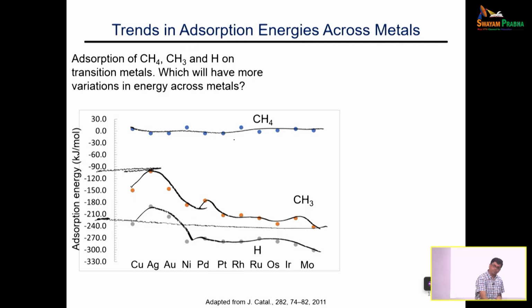No, I mean, I'm asking why is this a flat line almost, and why is there a big variation in this? I'm not talking of individual metals. Why do you see a variation in one case versus in the other you don't? CH4 is a molecule and these are dissociated forms. It's close to 0. So what is the nature of adsorption?